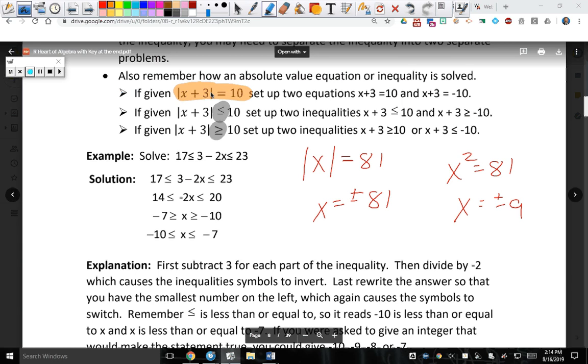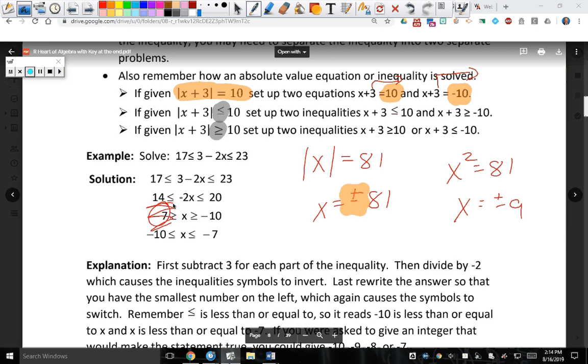So if I'm setting up, this is what you're given, and you're trying to find x. I'm going to show you two ways. The first way, because of this right here, you're going to set it to a positive and negative form. Are we good? Now you're going to solve for each of them. So if I subtract 3, I'm going to get -7. If I subtract 3, I'm going to get -13.